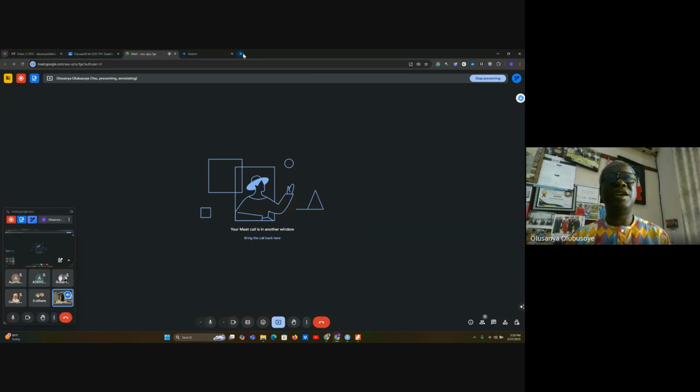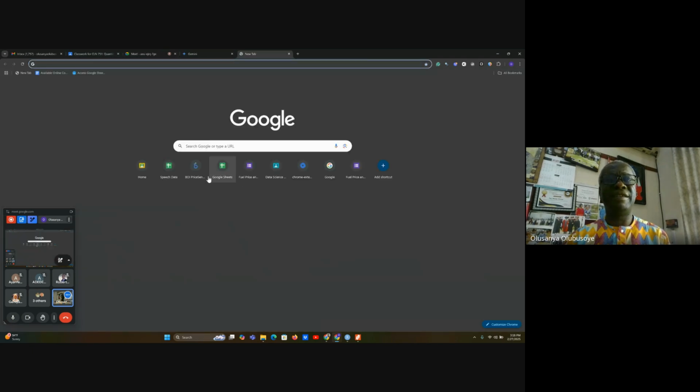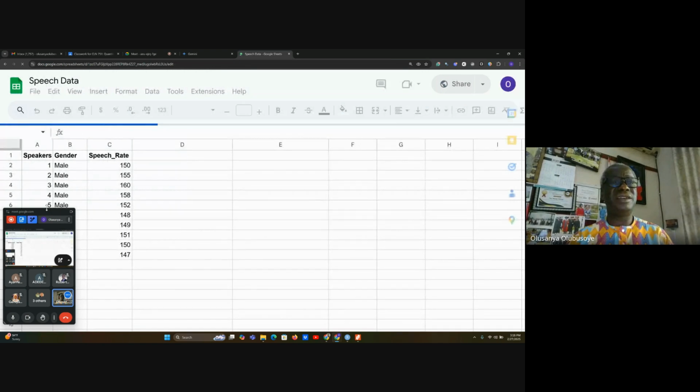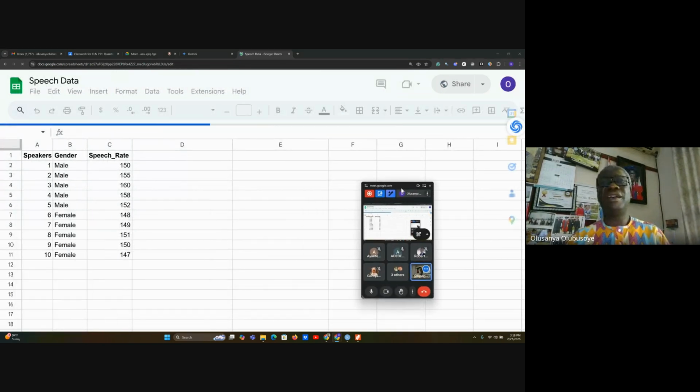But before we even look at that, let's look at this data, which is typical in linguistics. One common thing that I think you do in linguistics is to look at speech rate.